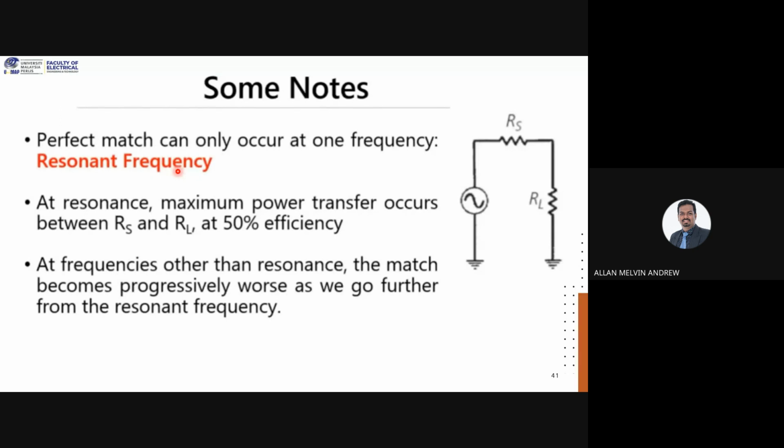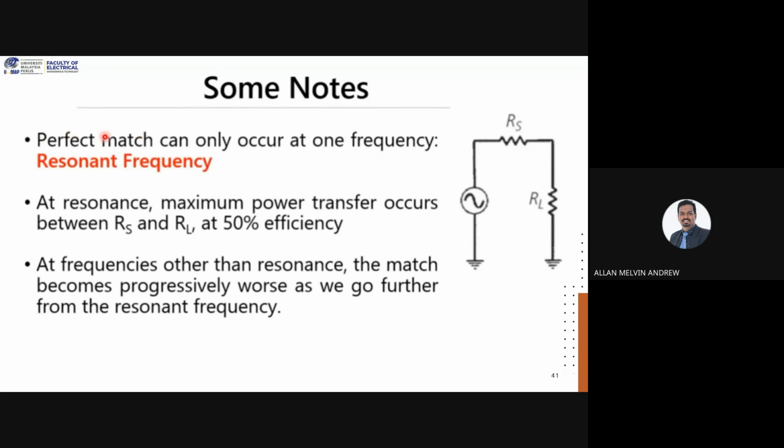When we are designing the antenna, we will see a term called resonant frequency, the frequency where the signal is resonating properly. At the resonant frequency, you will have a perfect match, meaning 100%.